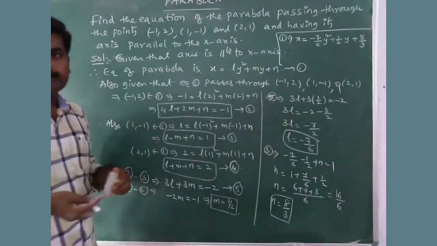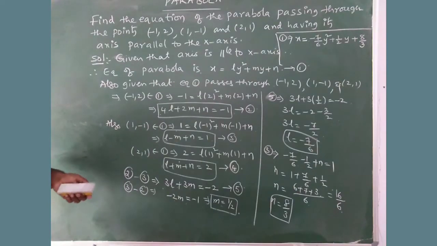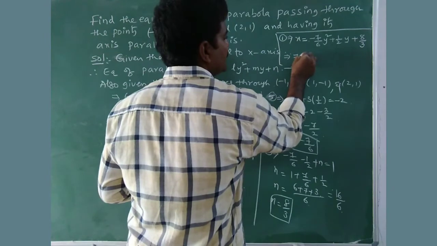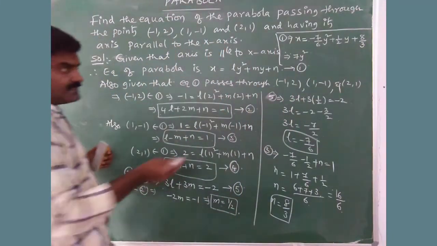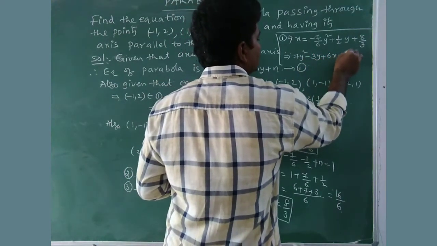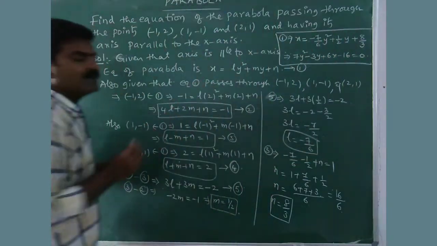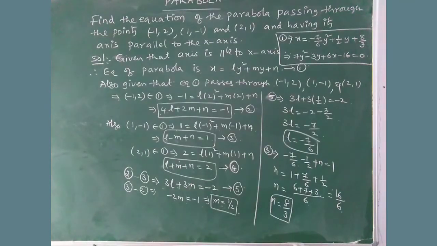So once again you can take the LCM here. If you take the LCM, finally you are going to get 7y square minus 3y plus 6x minus 16 is equal to 0, which is the required equation of the parabola.